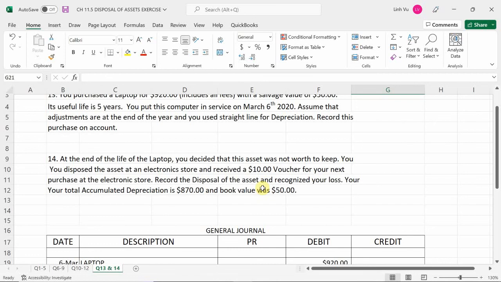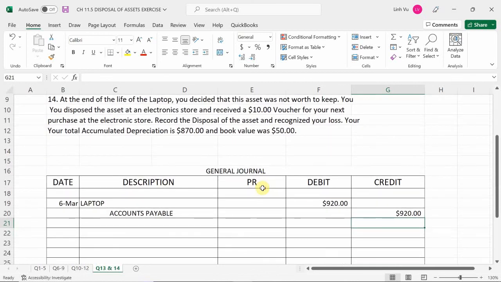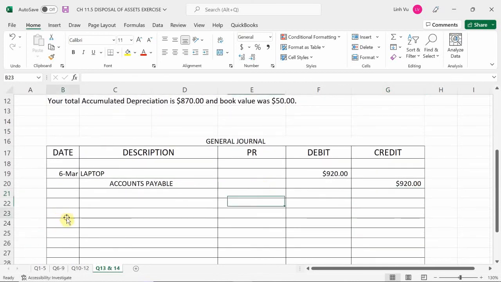So again, your total accumulated depreciation is $870 and your book value was $50. So, how do I record that I'm just going to dispose my asset at the end of its life?